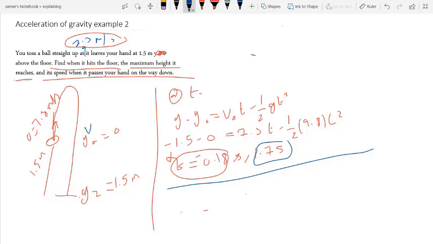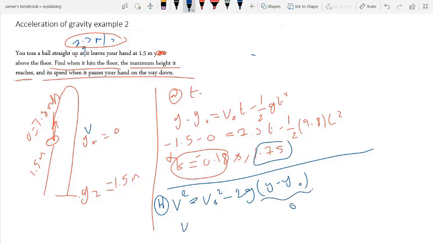In order to find v, we can simply use this equation, v squared equals v0 squared minus 2g (y minus y0), and the difference in y between the point the ball was tossed and the point when it passes the hand again is 0.